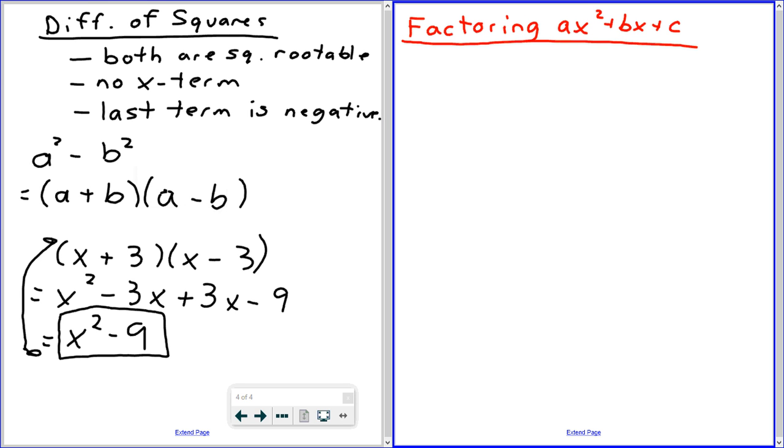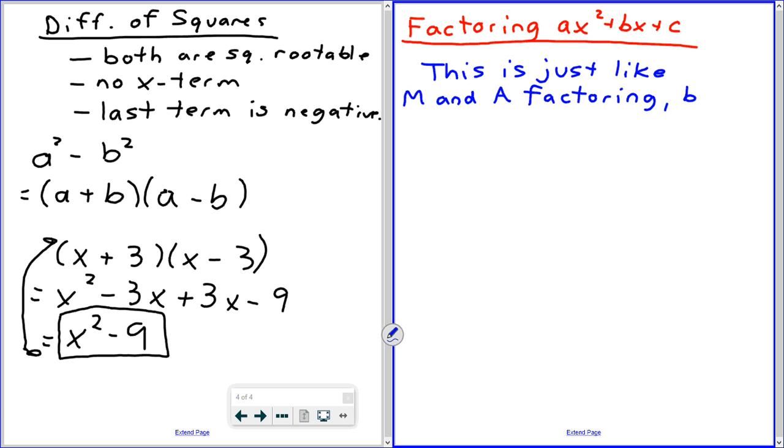So this is just like factoring, but now the x squared term has a number in front of it.